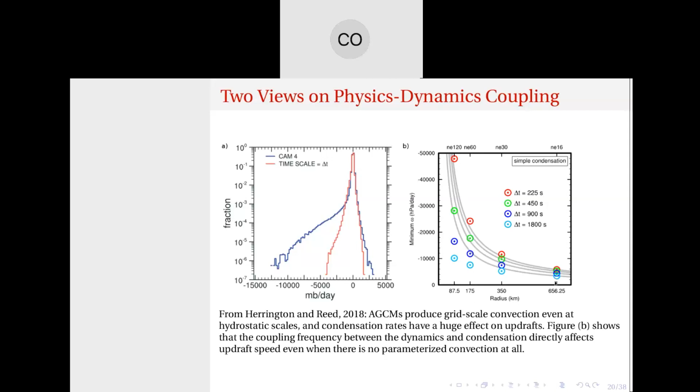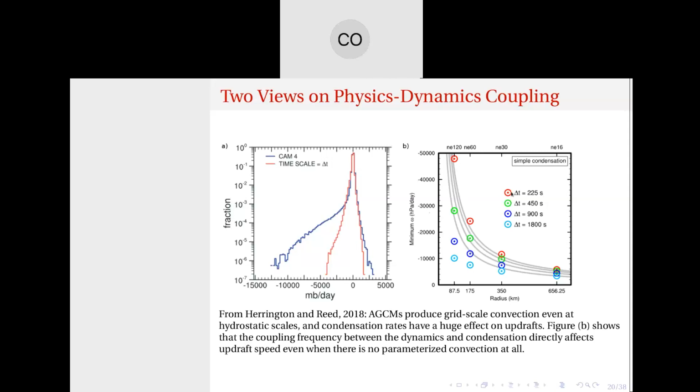They've also done this study at a variety of horizontal resolutions. This graph is from one of their papers, with horizontal resolution on the x-axis and maximum vertical velocity for their idealized test on the vertical axis. As you reduce the grid spacing, these updrafts become smaller horizontally and are able to produce much higher vertical velocity.